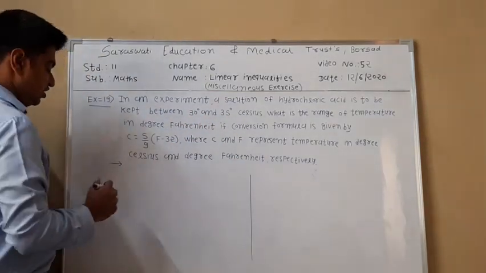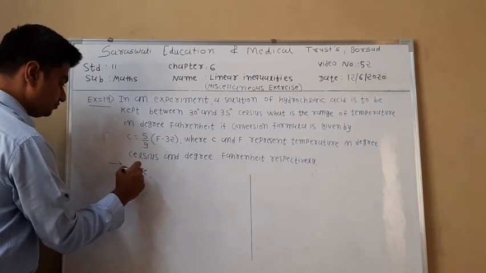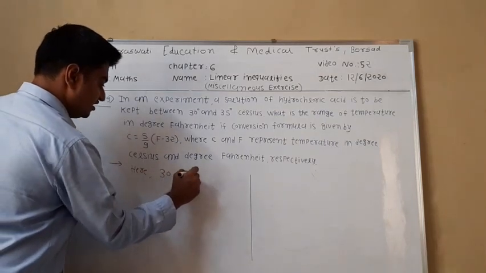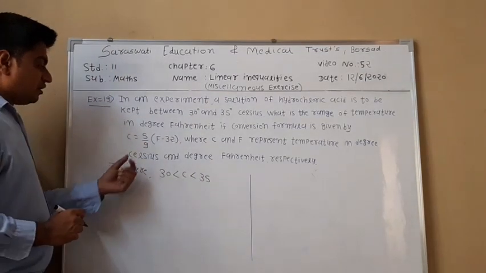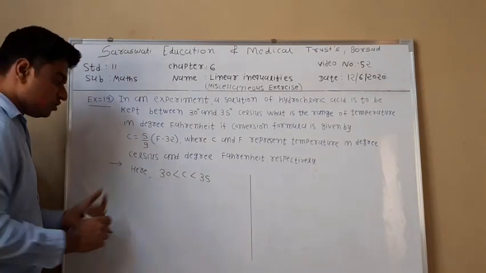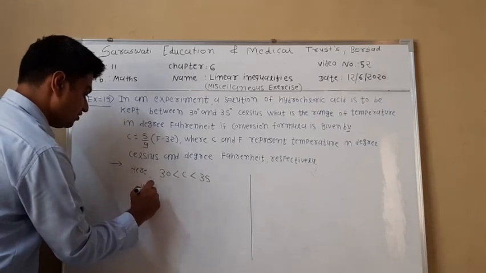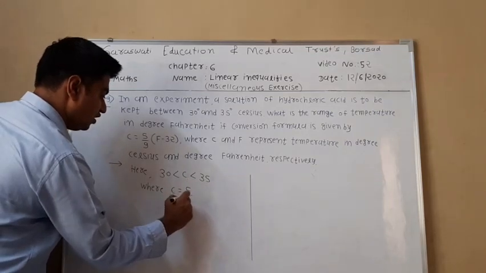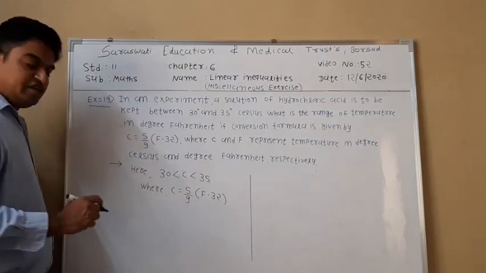So first of all we can write 30 < C < 35. Now the formula is already given, where C is equal to 5/9 (F - 32).